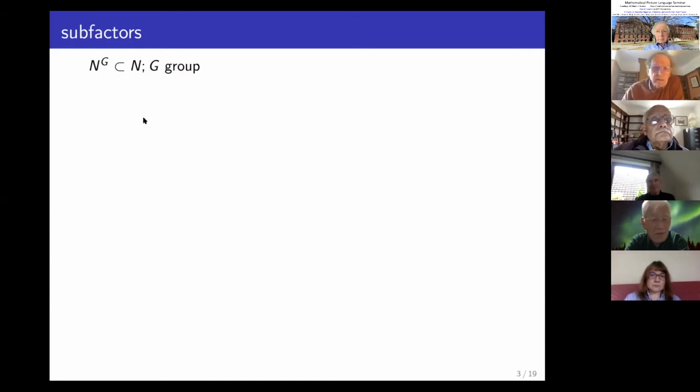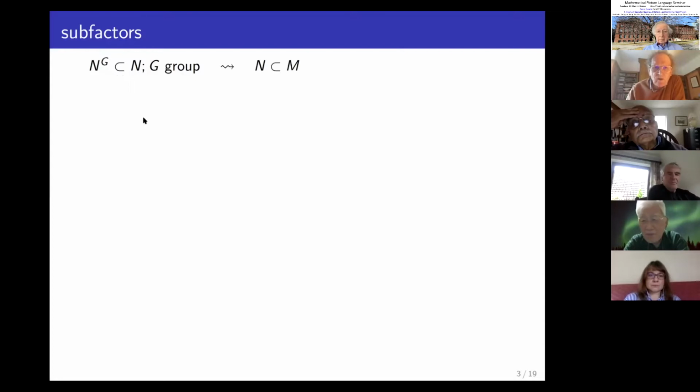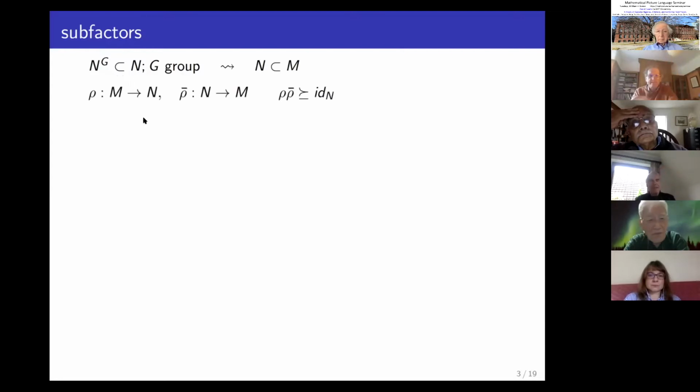And this led Vaughan to vastly generalize the notion of a symmetry to a subfactor, the position or embedding of one factor in another.